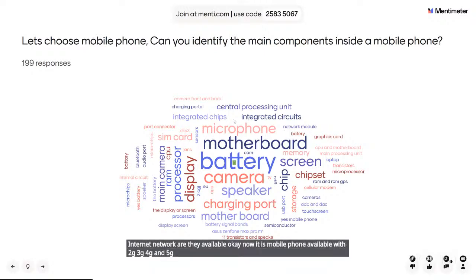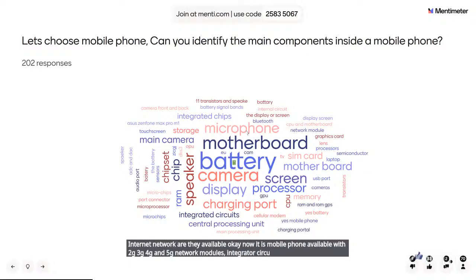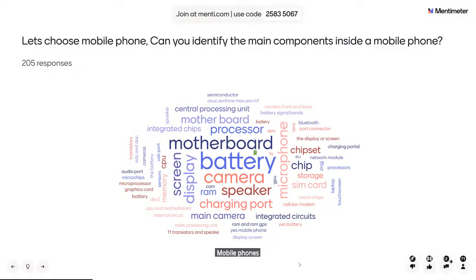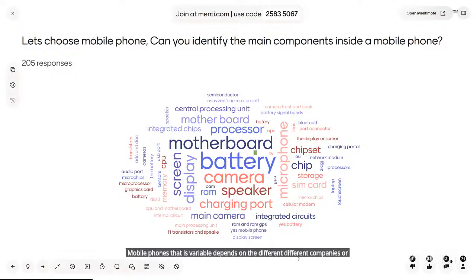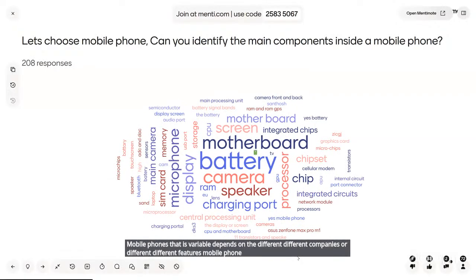So network modules, integrated circuits, display or screen, Bluetooth, transistors and speakers. Yes, so these are the main components available in mobile phones. That is variable, depending on the different companies or different features of the mobile phone.